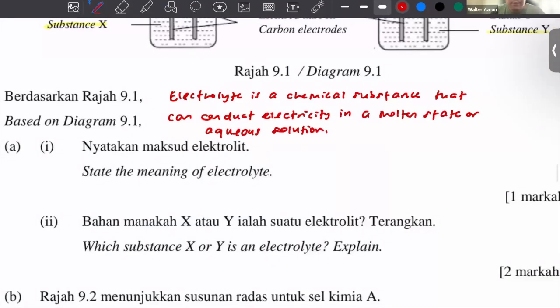So that's the answer. They give you one mark.